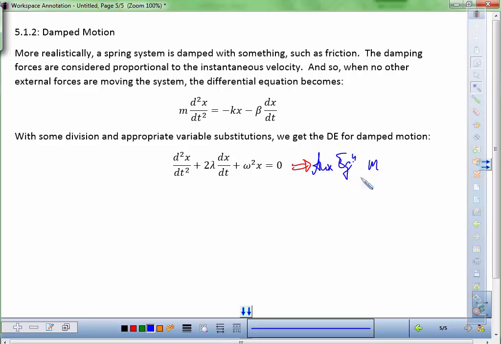And our auxiliary equation looks like m squared plus the constant 2 lambda times m plus the constant omega is equal to 0.